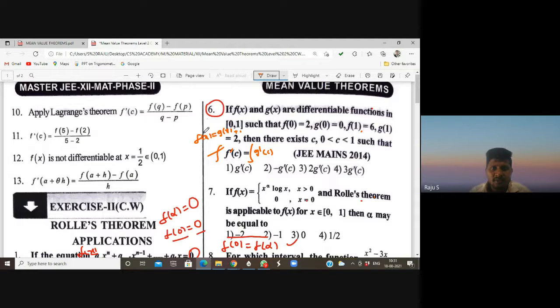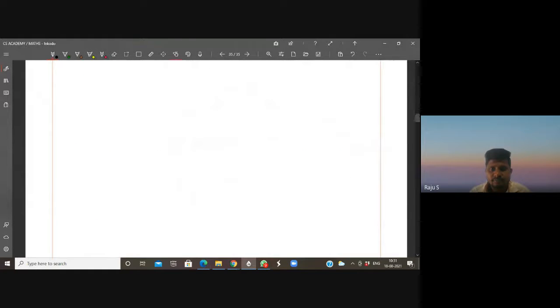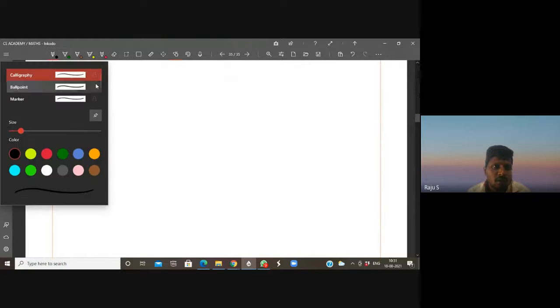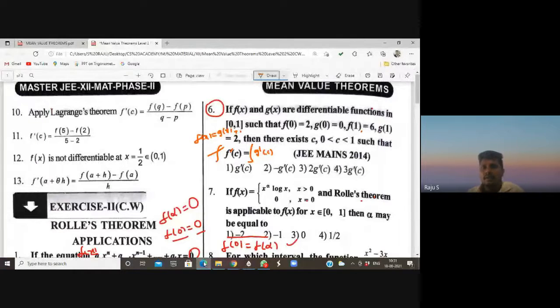I'll explain here, whatever condition they have given. See, here the intervals are given. What is the interval, students? 0 to 1. The interval is clearly given in the question.